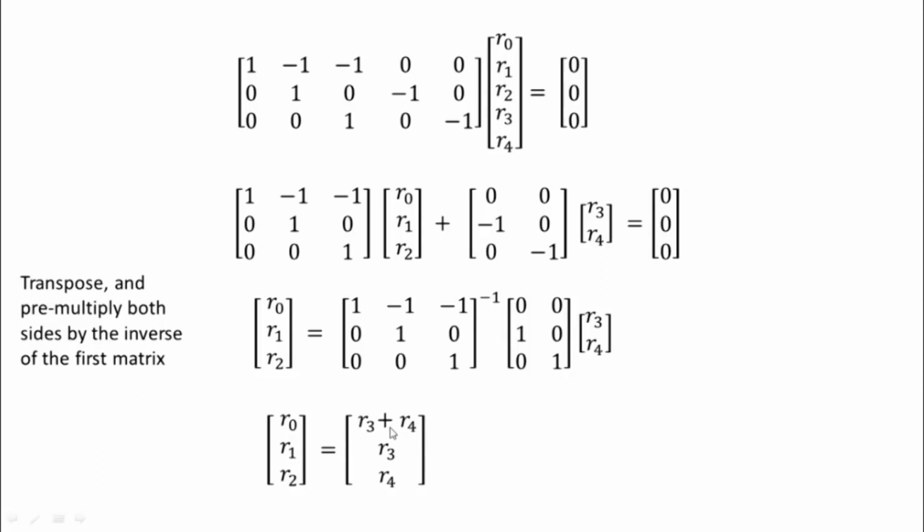Therefore, R0 equals R3 plus R4, R1 equals R3, R2 equals R4. So just by doing this kind of manipulation, we directly get the intracellular rates based on the extracellular rates that can be measured. That's powerful.